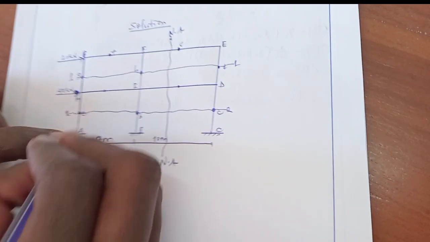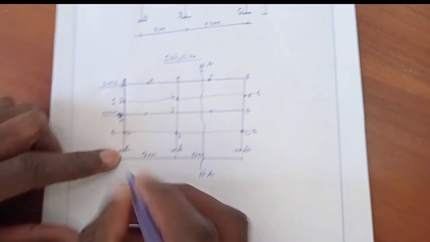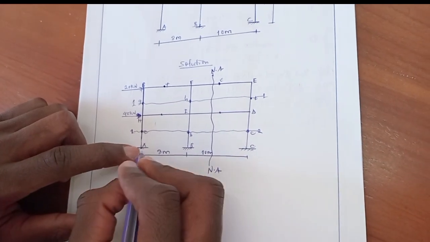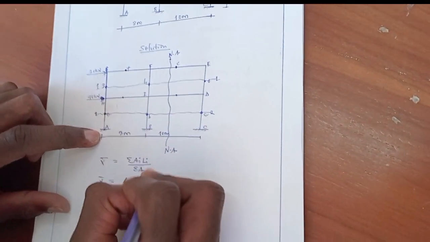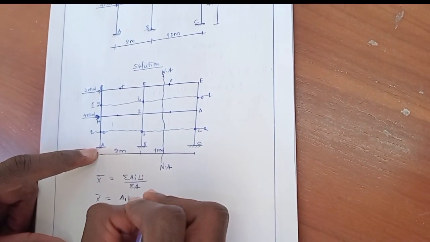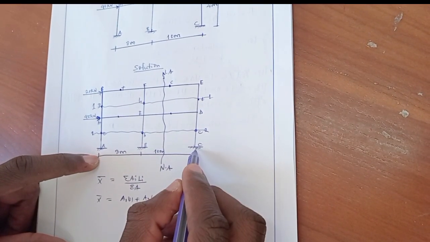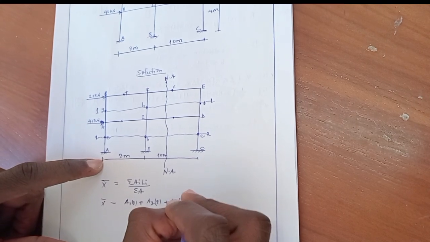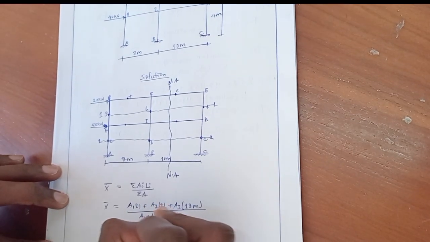For this column member, it will be area 1 times zero distance, plus area 2 of this column member times the distance from this point to this point, which is equal to 8 meters, plus area 3 times the distance from this point up to this column member, which will be 18 meters, over total area 1 plus area 2 plus area 3.